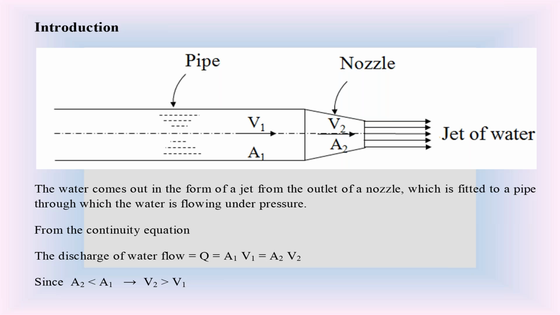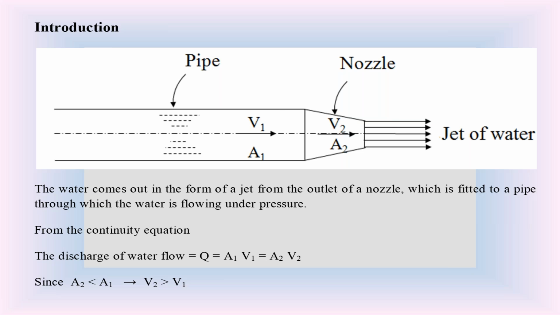Flat plate perpendicular to direction of water flow, flat plate inclined to direction of water flow, and curved metal plate. And in the second condition, that is the moving condition of the metal plate, again we have the above three conditions.